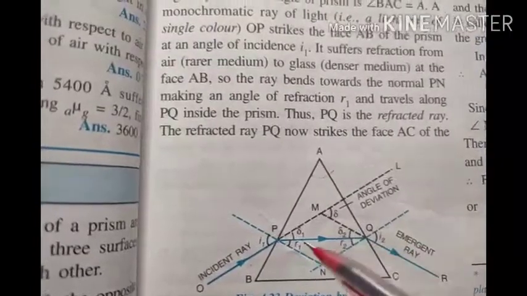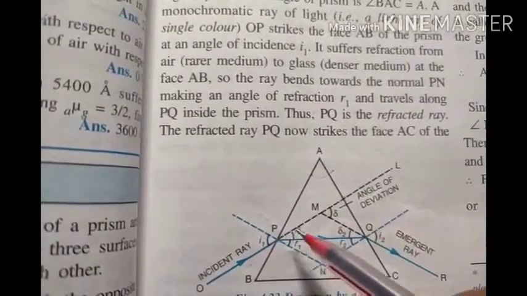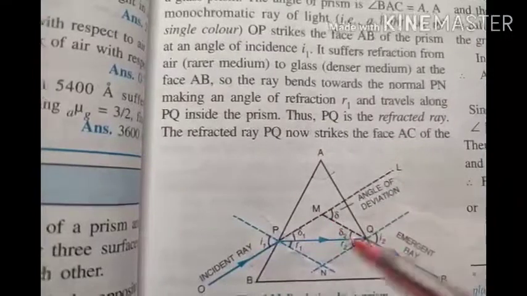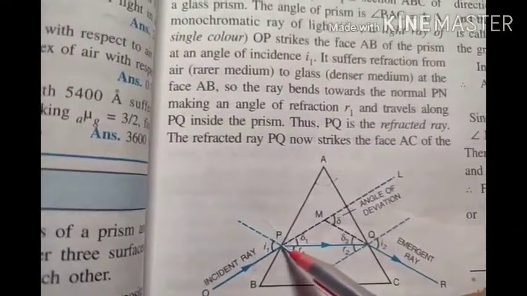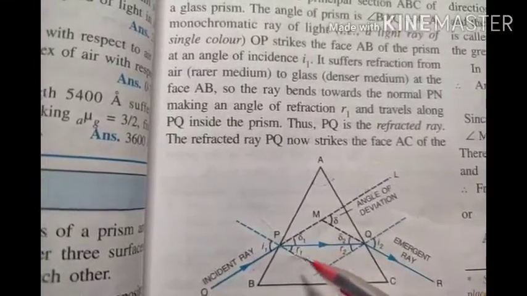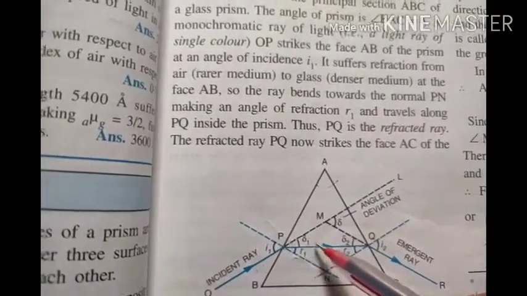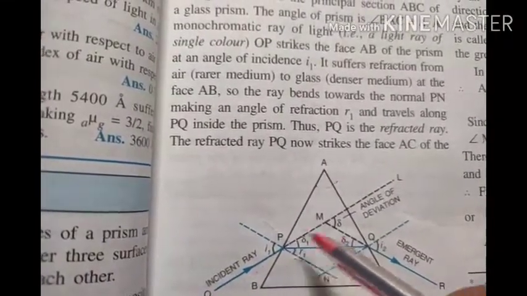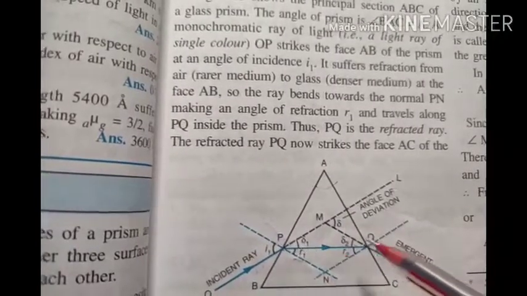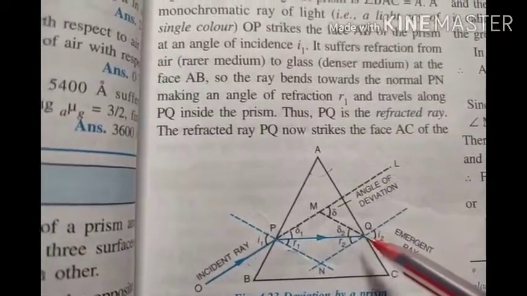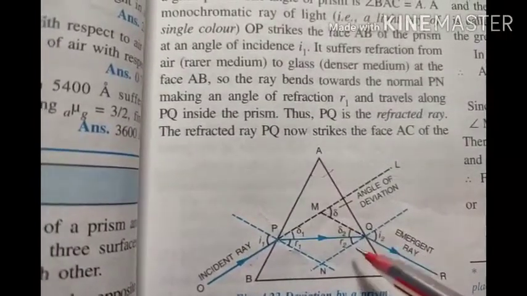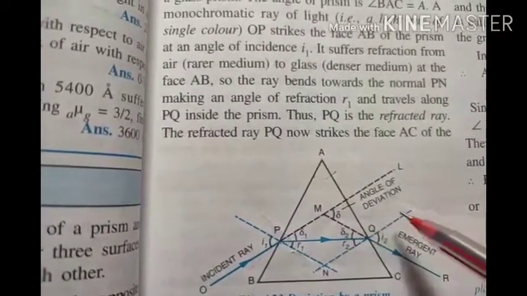The original direction of the incident ray is shown by this dotted line. Since this is rarer medium air and this is glass, a denser medium, the light bends towards the normal. So the light ray bends towards the normal, and instead of going towards PM, the light goes towards PQ. Again, it strikes the second surface at point Q. This is the normal of the second surface.